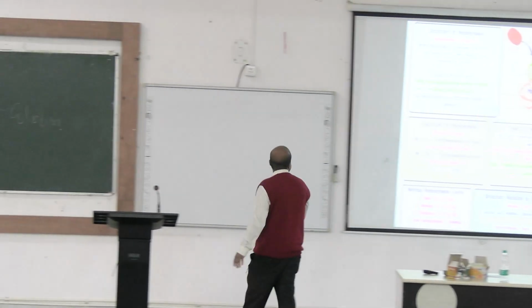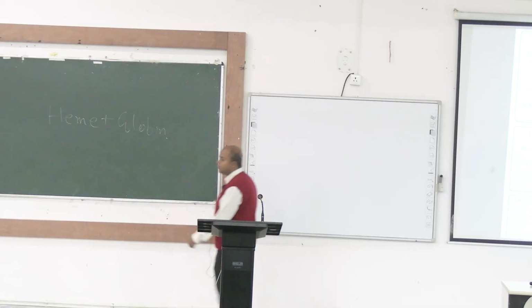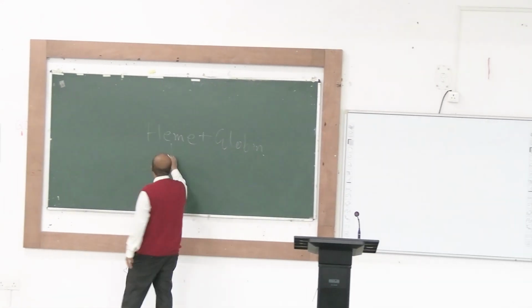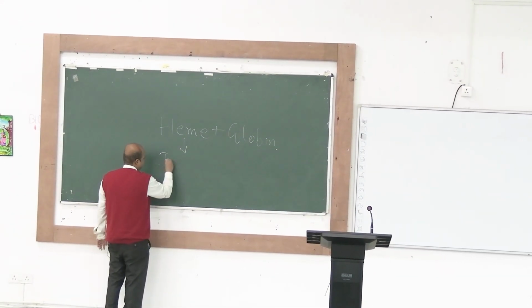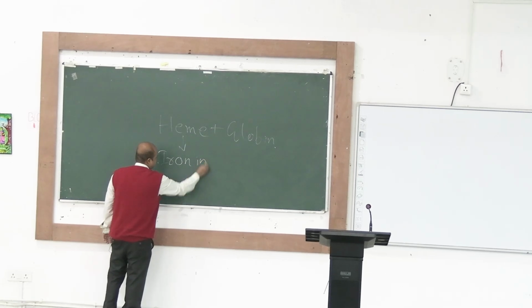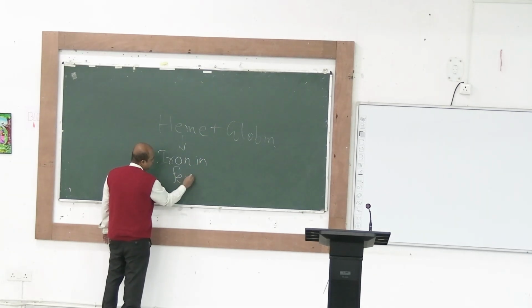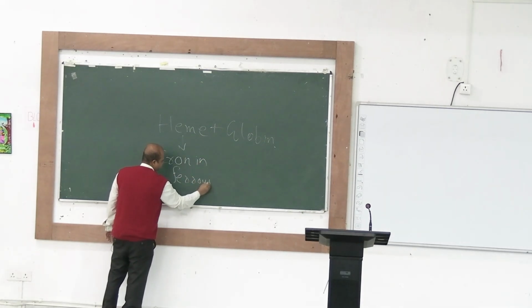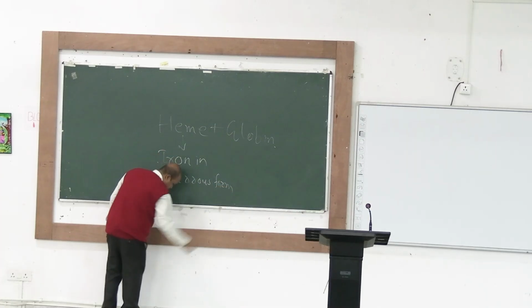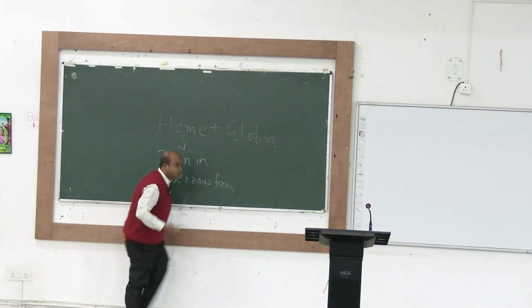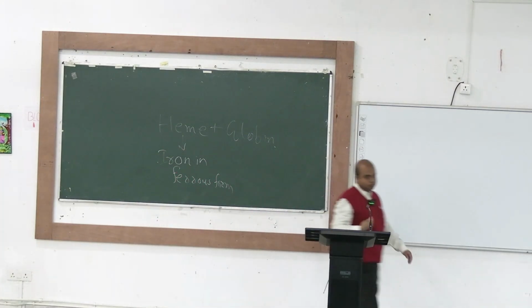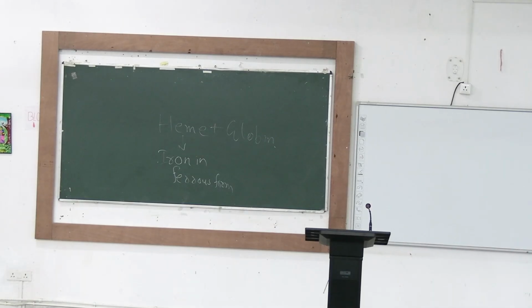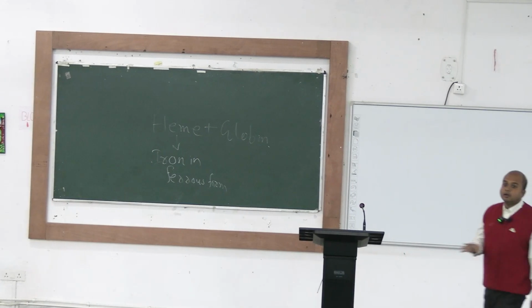Structure of hemoglobin is heme plus globin. Heme, as you know, contains iron in ferrous form, that is Fe2+. If the iron is somehow converted to ferric form, that compound is called methemoglobin.